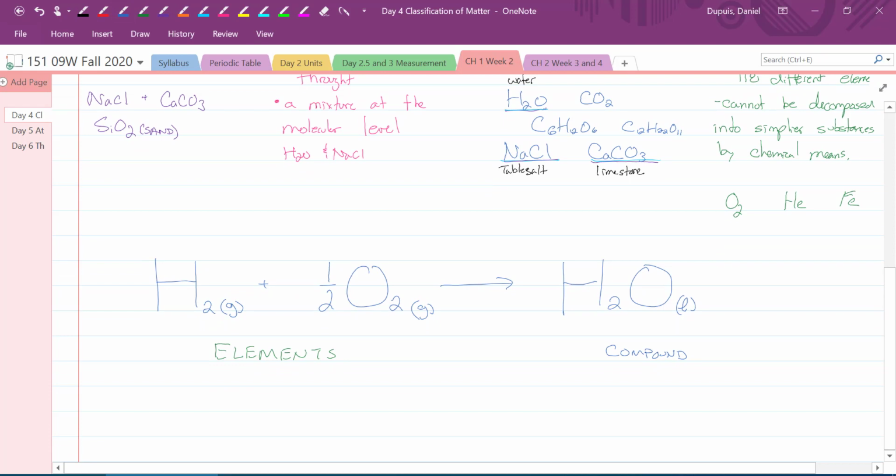So this compound has its own set of properties that are unlike the properties of its constituent elements.